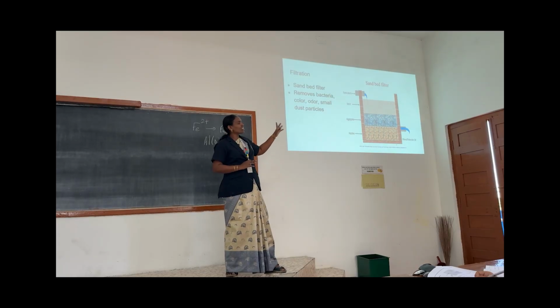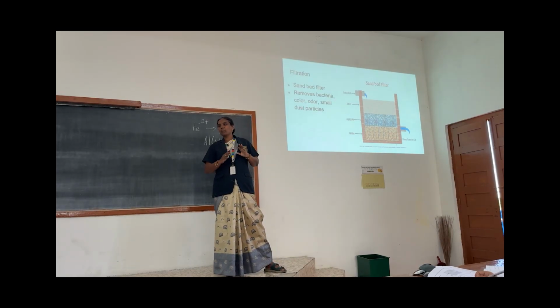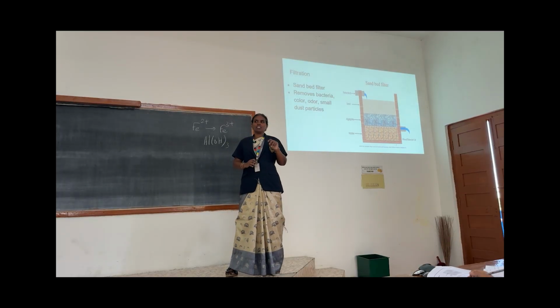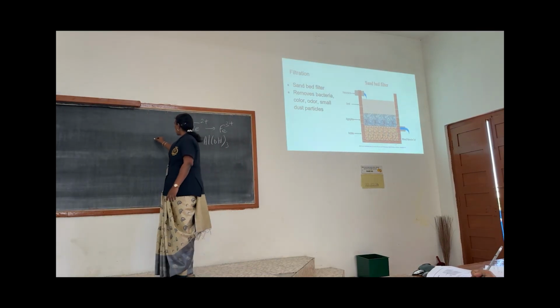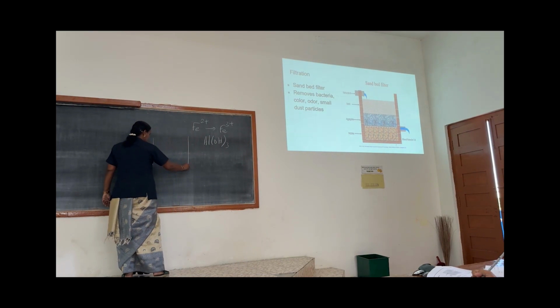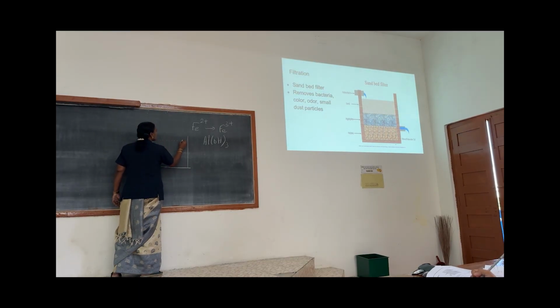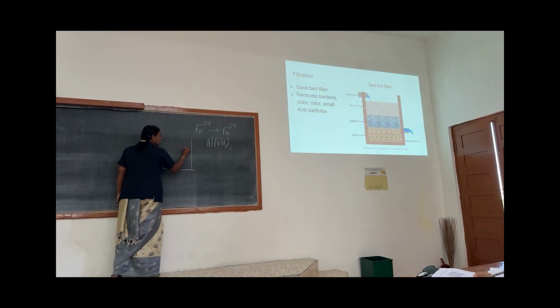Sand filter is used. Sand bed filter. Here we have four stages, and this is how we can write it. Here you have a small sand bed with fine sand. There are four layers.